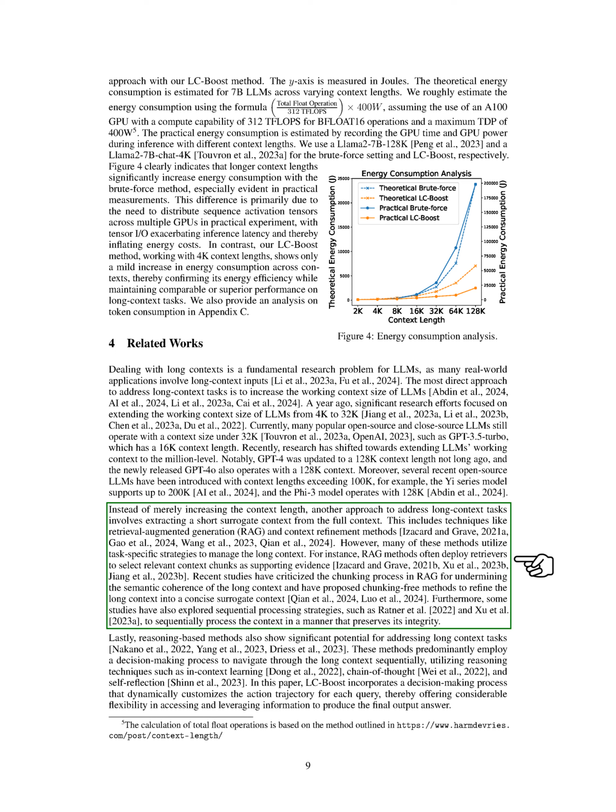Another approach involves extracting a shorter surrogate context from the full context. Techniques like retrieval-augmented generation and context refinement methods have been proposed for this purpose. These methods aim to manage long contexts effectively, ensuring semantic coherence and preserving information integrity.